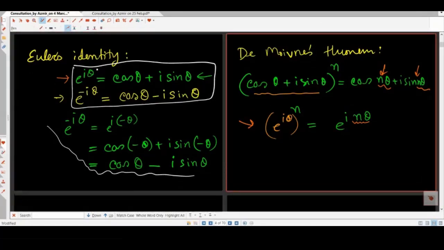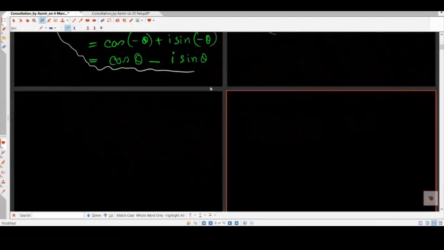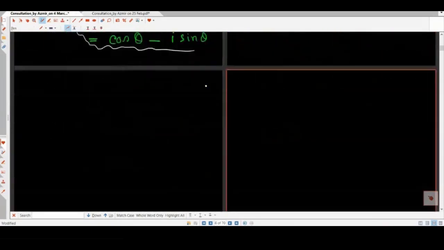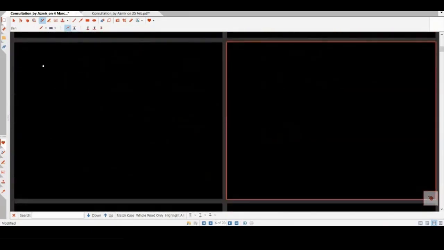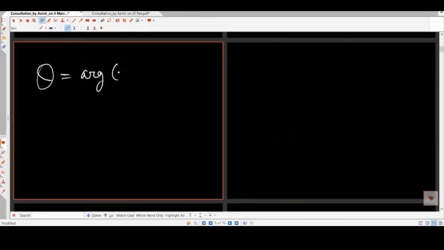Besides Euler's identity and de Moivre's theorem, you need to know another concept, that is the argument theta, the argument of z. If z equals x plus yi is a complex number where x and y come from the real number set, x is called the real part and y is called the imaginary part of z.